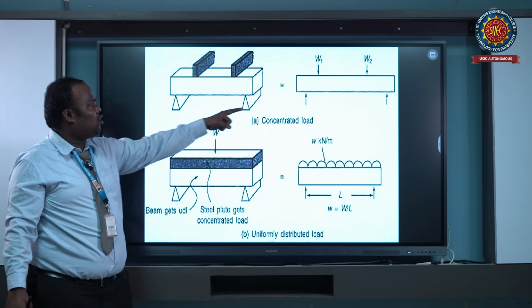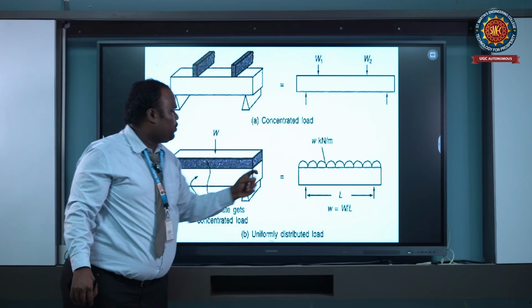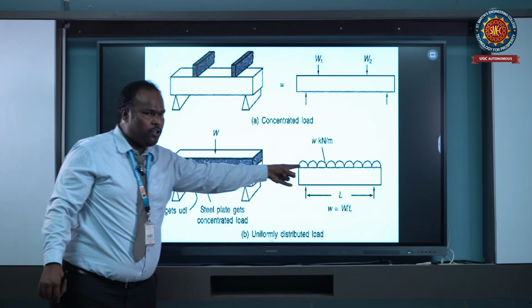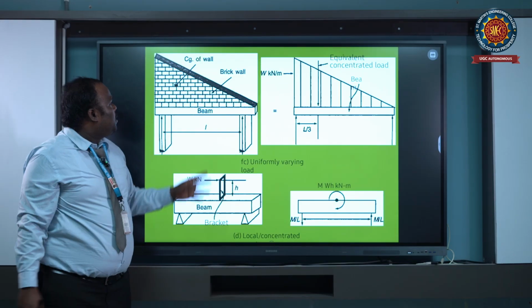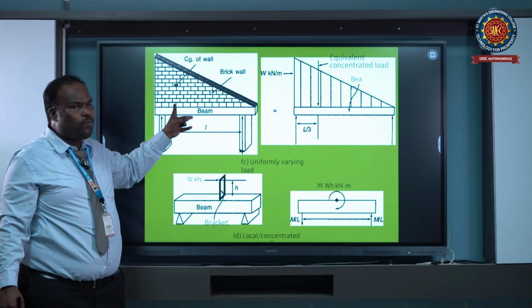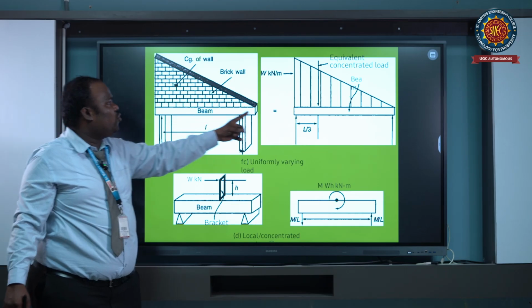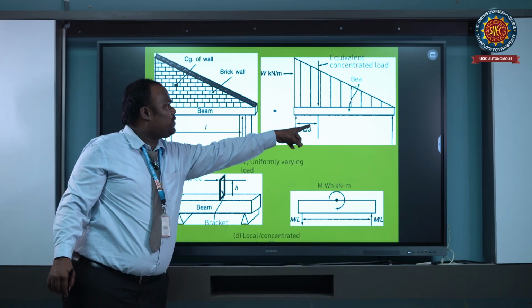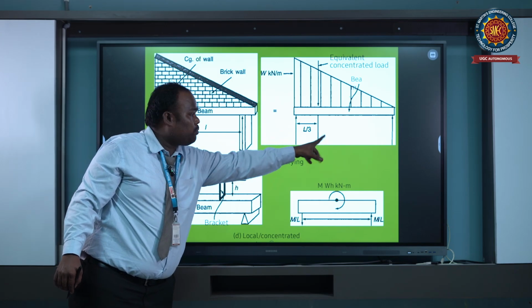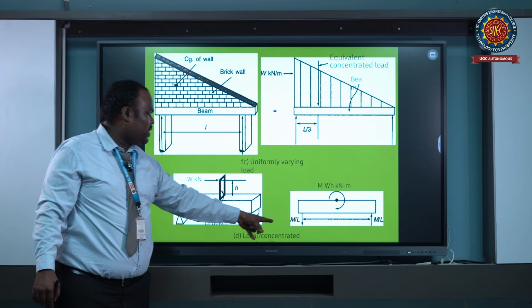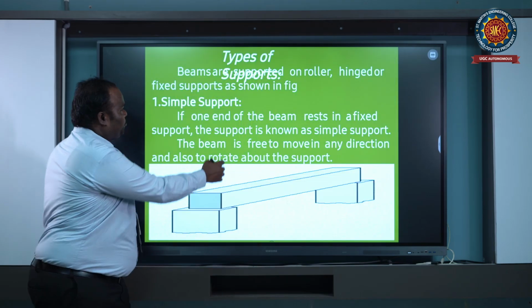Here concentrated loads W1 and W2. Here UDL, the units are W kilonewton per meter. And next one, a roof structure, which is like a UVL. The point of contraflexure is at one third of the length of the beam. And last one is concentrated load.